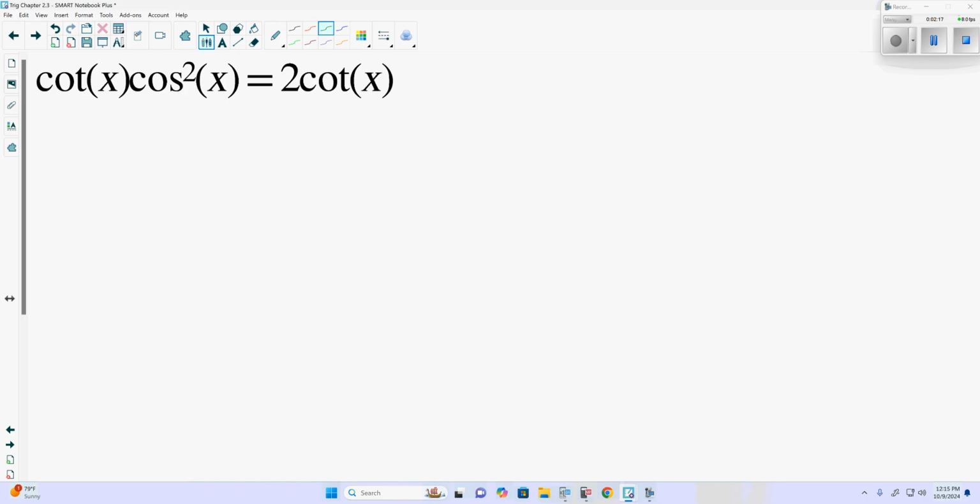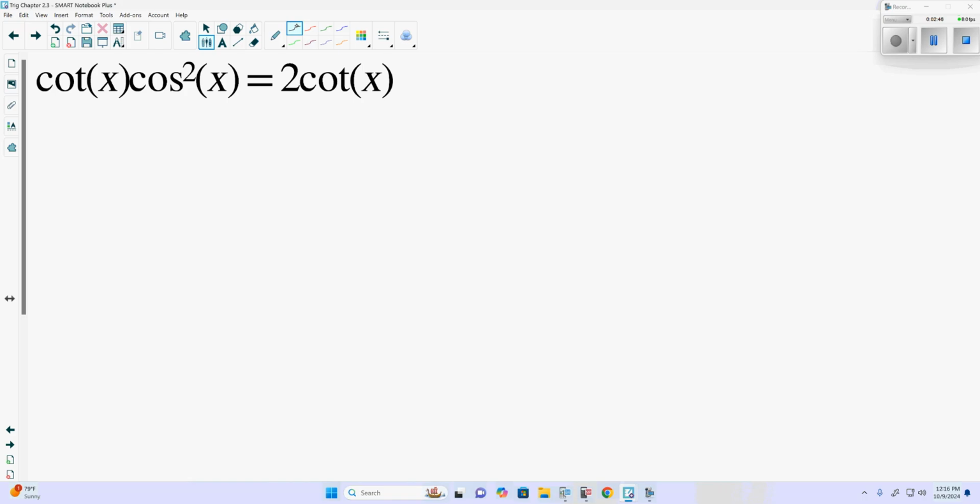Now, with most of these here, with solving, getting it equal to 0 is kind of a first step. And it works with most, because when we solved the higher degree polynomial functions or our polynomial functions in Algebra 2, getting it equal to 0 is one of the first main steps for us to solve. So here, cotangent of x times cosine squared of x is equal to 2 cotangent of x.